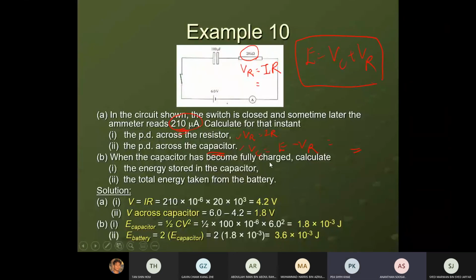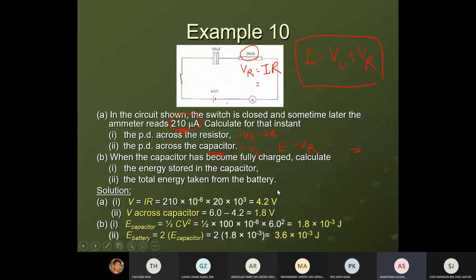Okay. So when the capacitor has become fully charged, what is the energy stored in the capacitor? The energy stored is just half CV squared, because we know C is 100 microfarad. We know V, oh sorry, we know it's 6. So half CV squared is the suitable formula, and 1.8 times 10 to the minus 3 joule is stored in the capacitor.